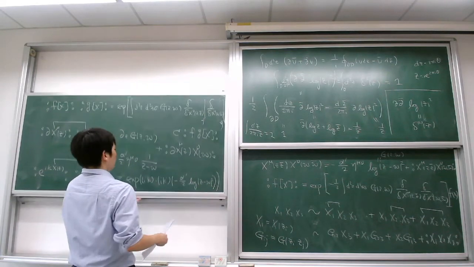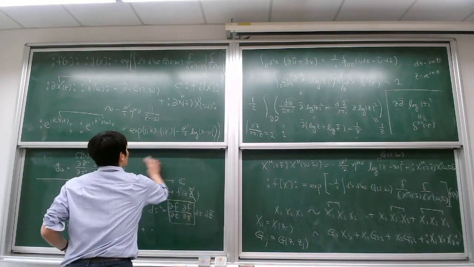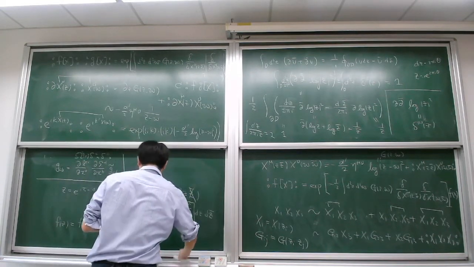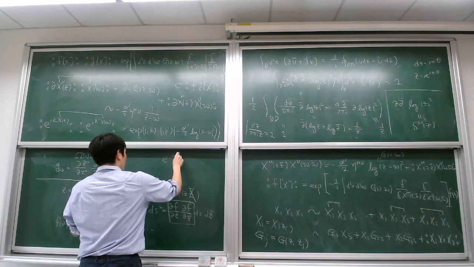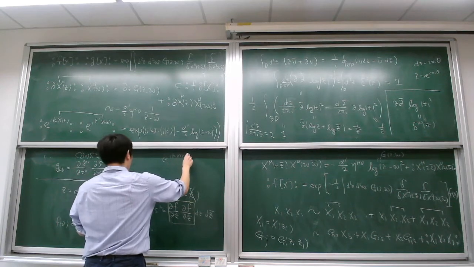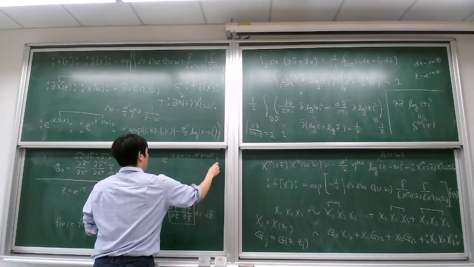And then, unfortunately, I don't have a place to write the rest of the part, so I'm going down, and the e to the ik X(z) plus ik prime X(w), and then normal ordering.